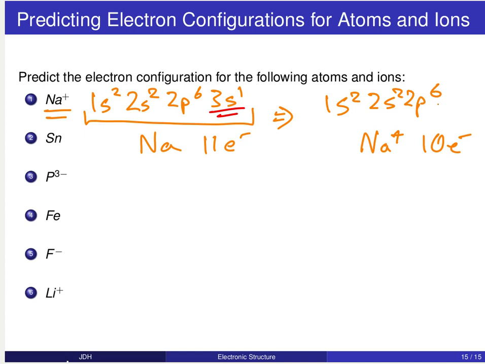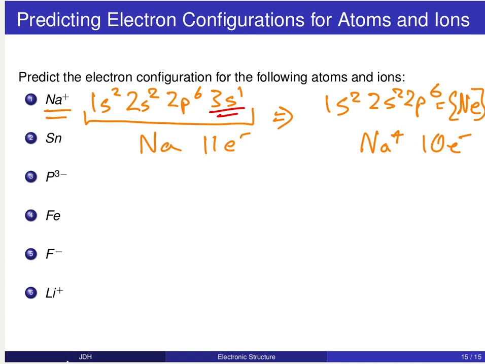In other words, we will have the electron configuration of neon. So the common ion that is formed for sodium has the corresponding electron configuration of a noble gas.